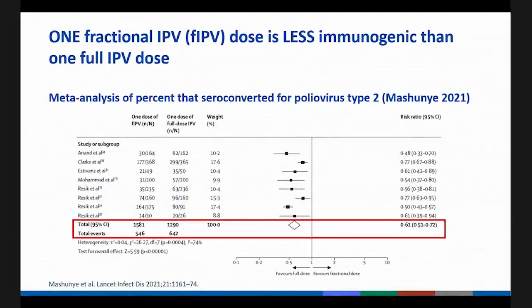We know from previous clinical trial data that 1 fractional dose is less immunogenic than 1 full dose of IPV, and the results of a previous meta-analysis are shown here and show the reduced odds of seroconversion with 1 fractional IPV dose compared to 1 full dose.